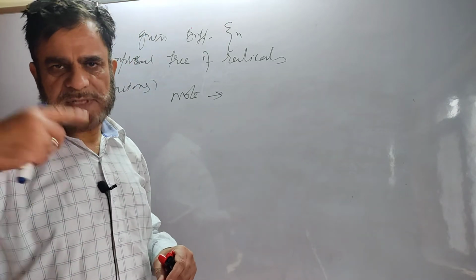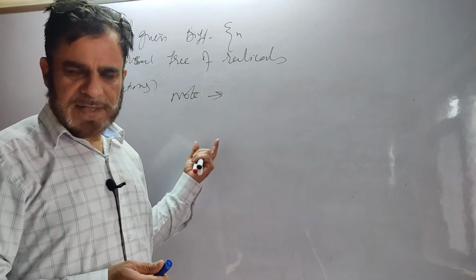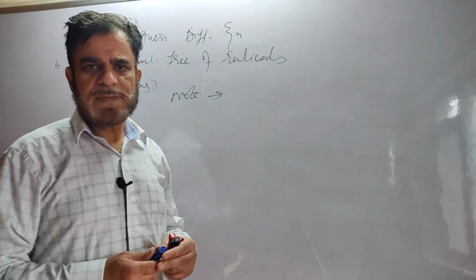Order means first derivative, second derivative, third derivative, fourth derivative, and here also you have come to know the degree. Degree is always a positive integer.